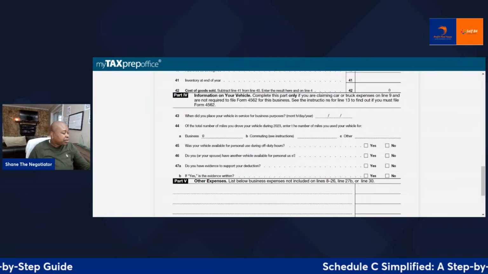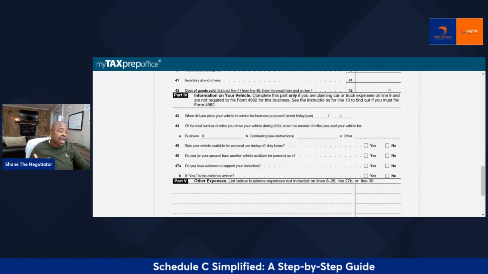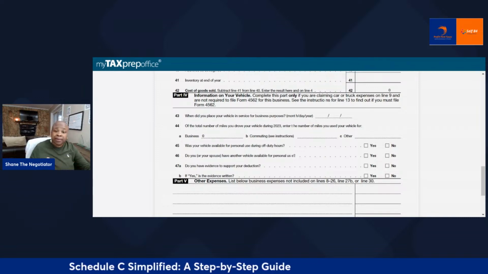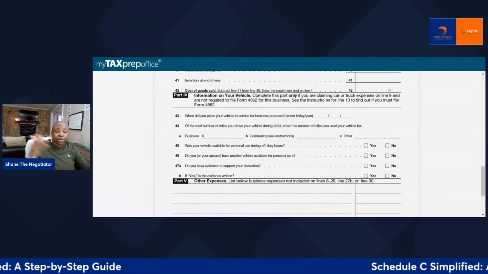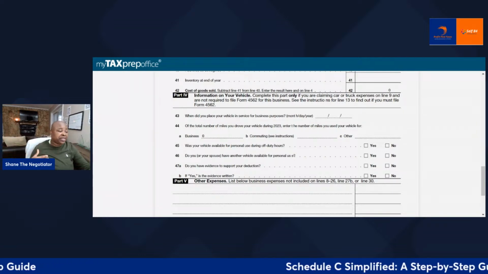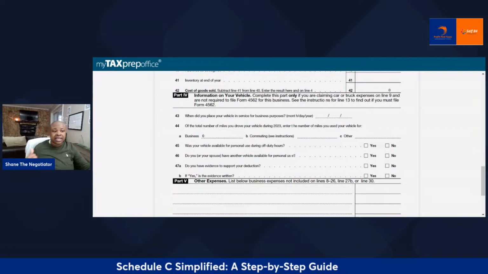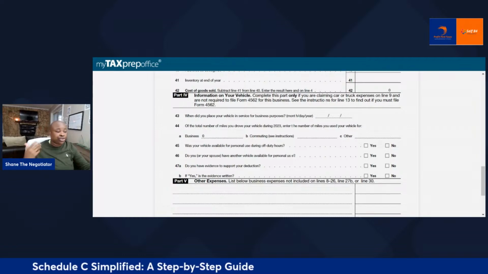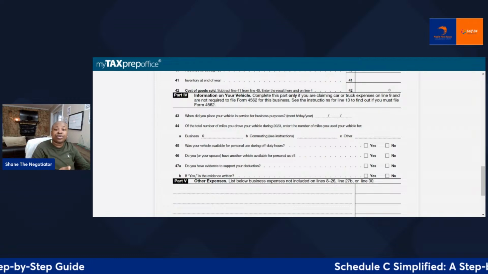So was your vehicle available for personal use during the off-duty hours? So if you have this vehicle and it's straight up for business only, so let's just say you are a service-based business and you go to your customers to do things. So for instance, your service is that you are an electrician. So you go to people's homes to fix their stuff, or you go to their business.